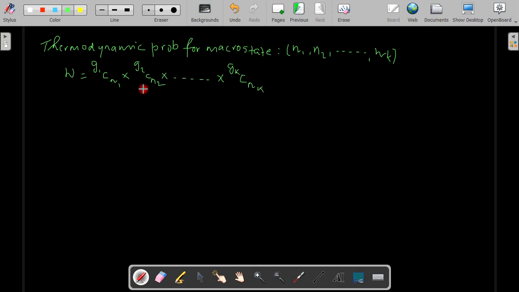So I hope you got this. This is actually all basic probability, and then we can expand it. So expansion means factorial G1 by factorial N1 into factorial G1 minus N1, and then similarly we can do it for G2. Let me not take this, let me write down the final result. Here the last one would be factorial Gk divided by factorial Nk into factorial of Gk minus Nk. So that's the total number of combinations that we have.